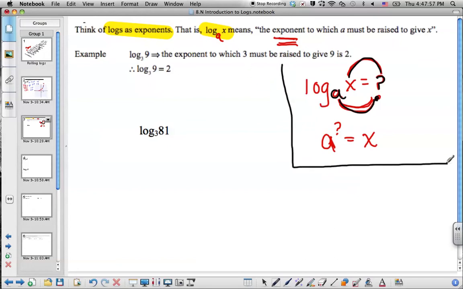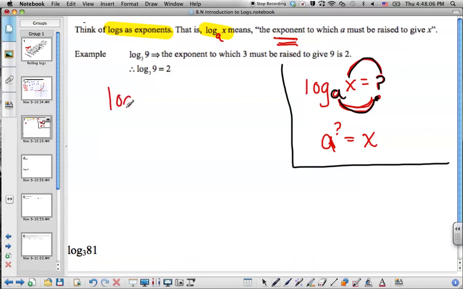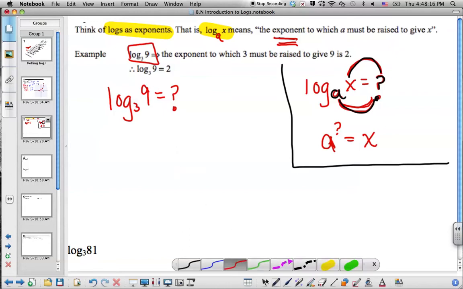Okay, so let's look at a couple examples. We can start here with log base 3 of 9. If you write it out, log base 3 of 9 is equal to, and we want to figure that out. We're looking for the exponent to which 3 must be raised to give us 9.